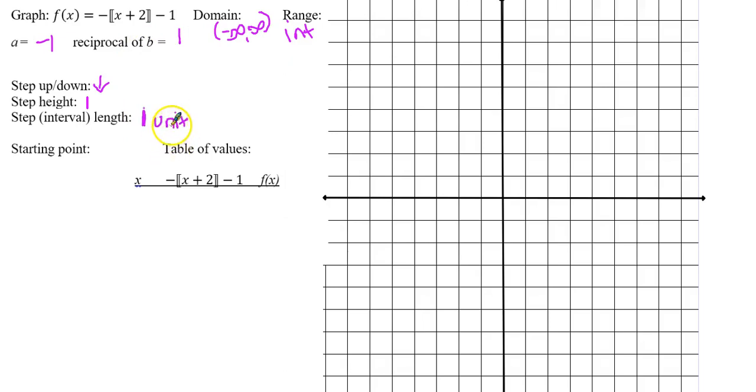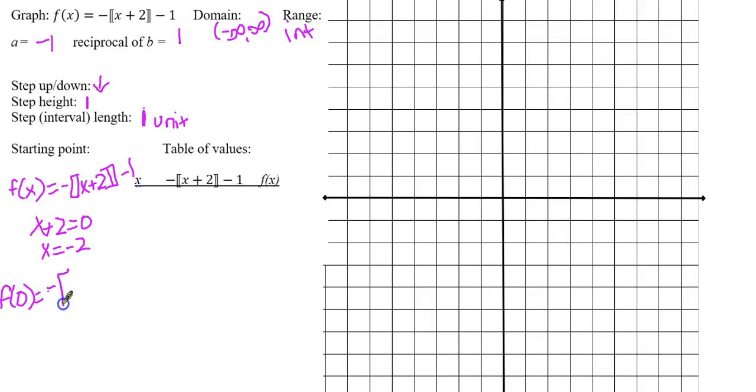Okay, so now what we need to do is just find our starting point by zeroing out what's in our greatest integer symbols. So we'll take x plus 2, set it equal to 0, x equals -2, and then we'll plug it back in to find the output. So we're going to go the opposite of the greatest integer, -2 plus 2, close that, minus 1.